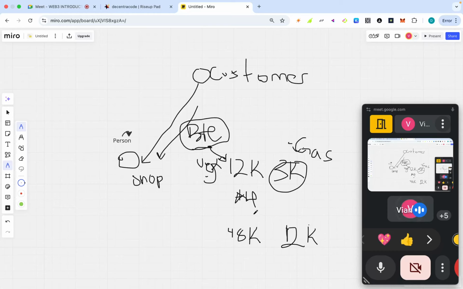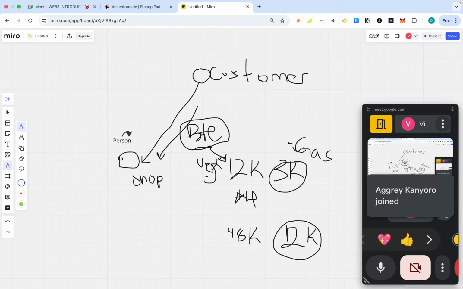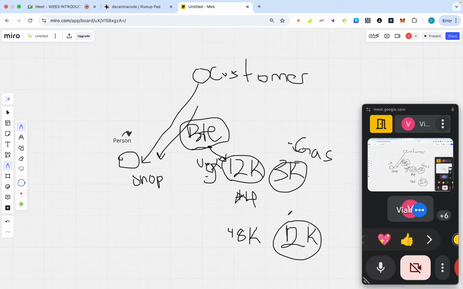So for every transaction you're making, you're being charged 3k, and at the end of the day you spend 12,000 in gas. That is exactly 25% of your whole day's expenditure. Imagine if you're buying airtime, and in a whole day you're being charged 25% of the airtime that you bought as a payment to, let me say, maybe MTN. That is a lot of money.